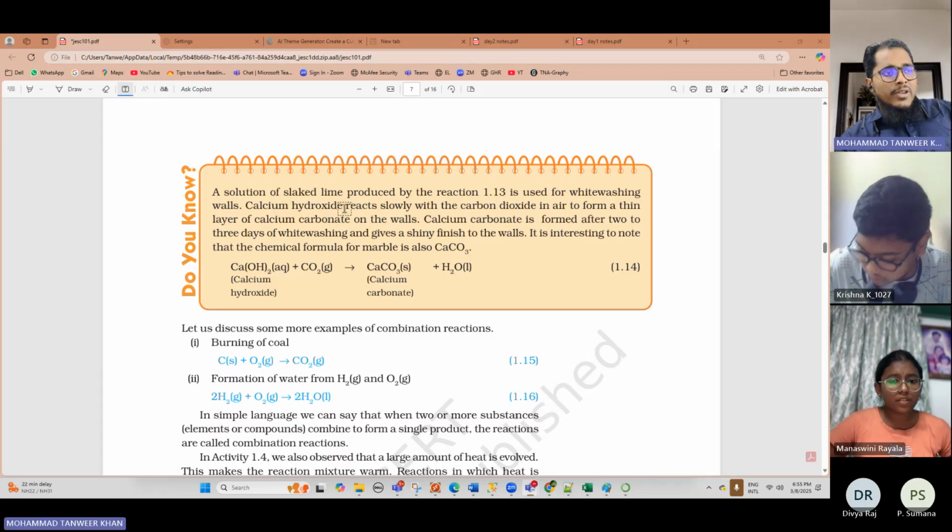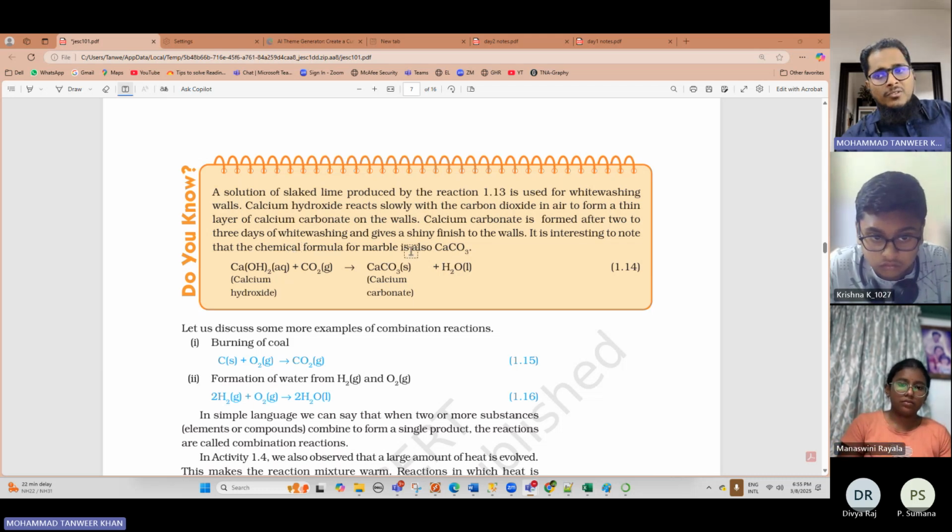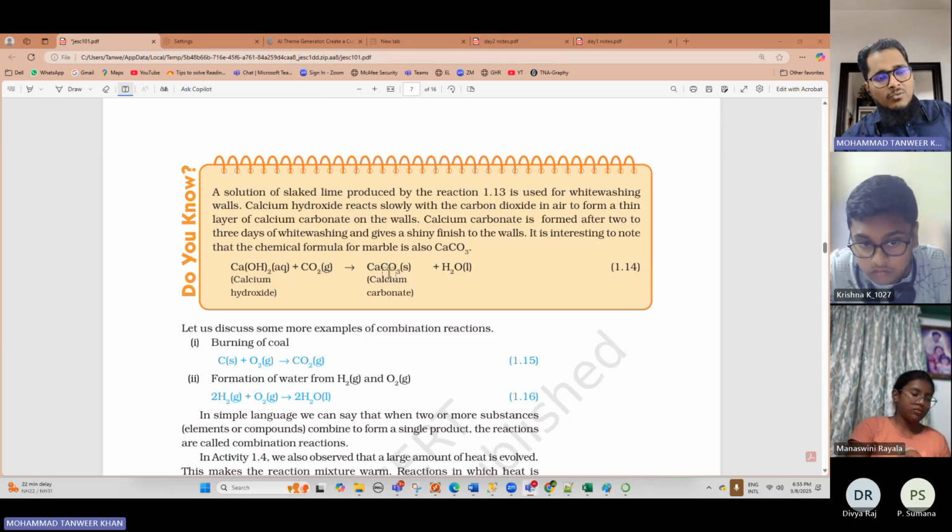Calcium hydroxide reacts slowly with the carbon dioxide in air to form a thin layer of calcium carbonate on the walls. Calcium carbonate is formed after 2 to 3 days of whitewashing and gives a shiny finish to the walls. It's interesting to know that the chemical formula for marble is calcium carbonate, CaCO3.